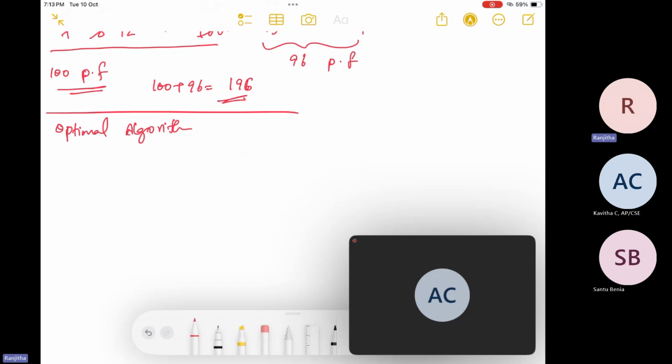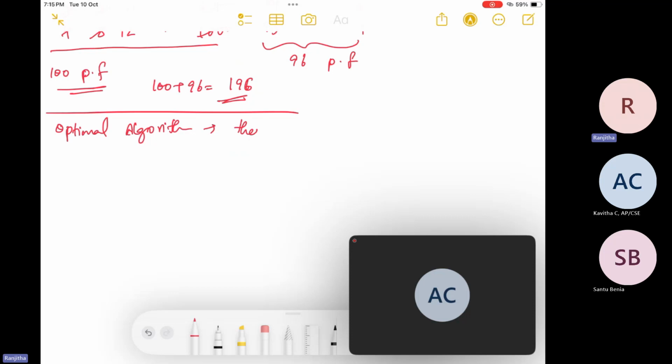For that, we need visibility into the future, which systems will not have. This algorithm is mainly used for measuring how well a given algorithm performs. So it's normally not used, and it's a theoretical one.